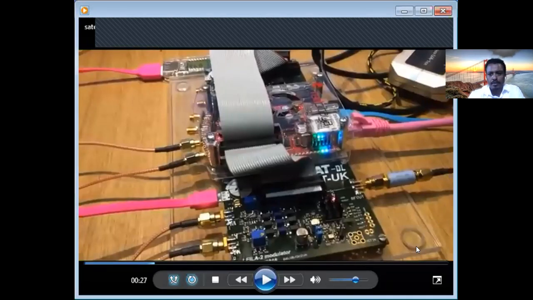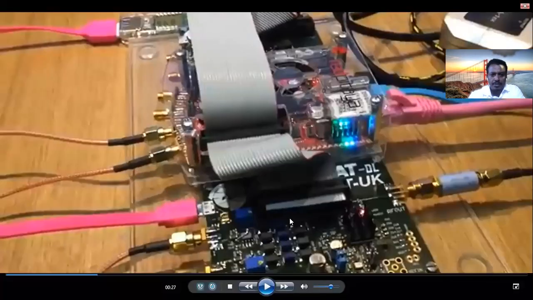So when you see this, this is a typical communication transponder.